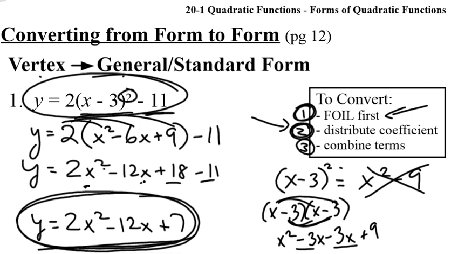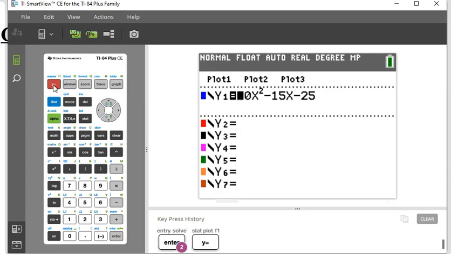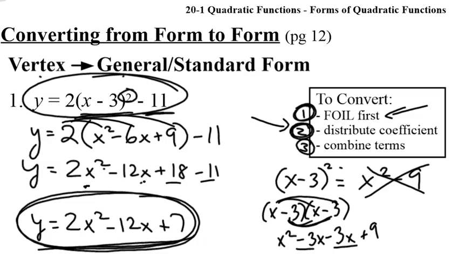Now, algebraically is how you would pretty much have to do these, but how do we know if we're correct? Well, we hope, but also talked about it in the calculator lesson. The calculator, even though we did the work algebraically, I have two different equations here. The vertex form, the general form, but they should both represent the same quadratic parabola.